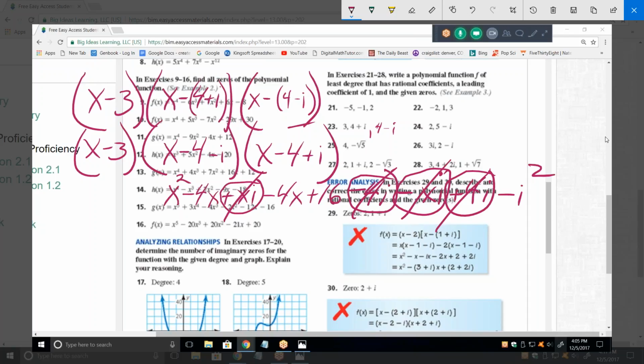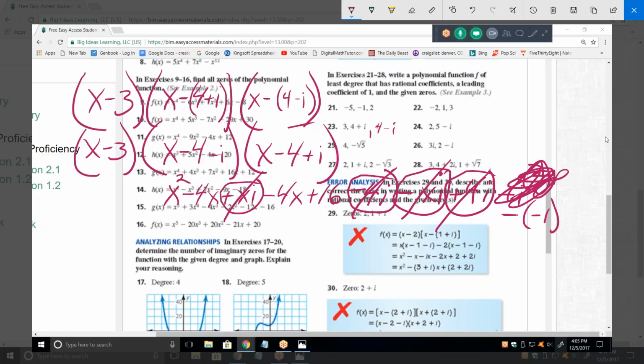What does i squared equal? i squared is equal to negative 1. So negative i squared is 1. Yes. Negative i squared is positive. So what do we have left?